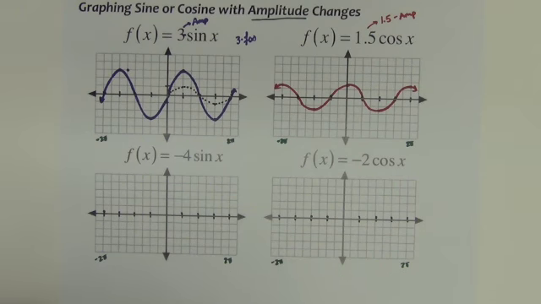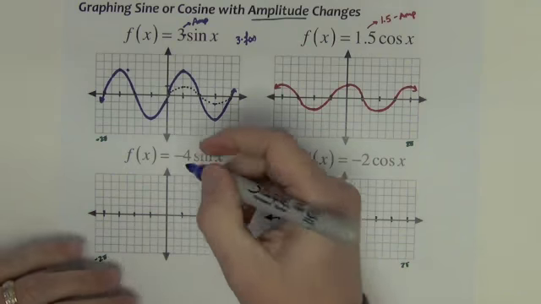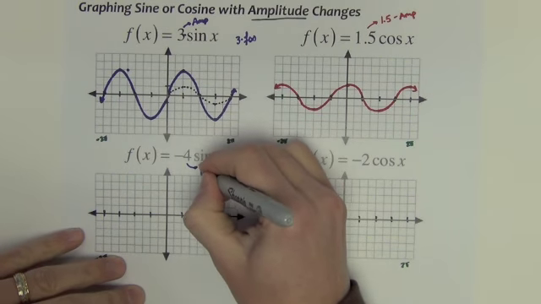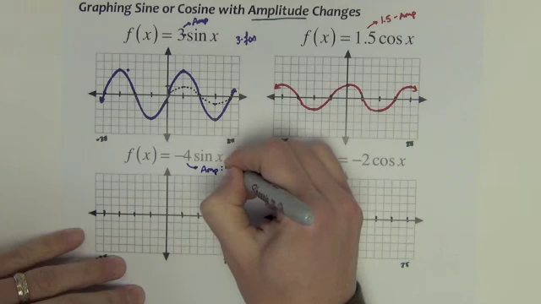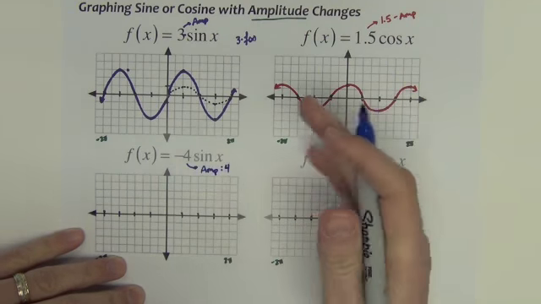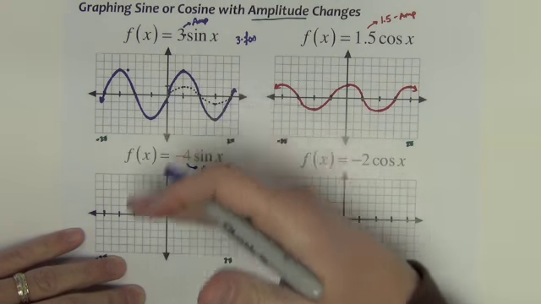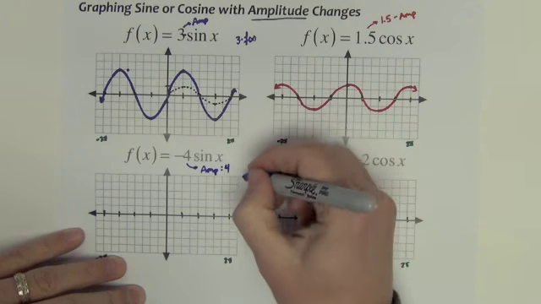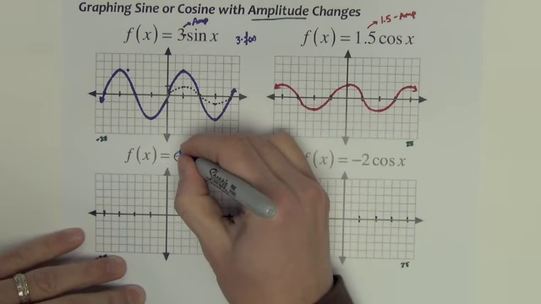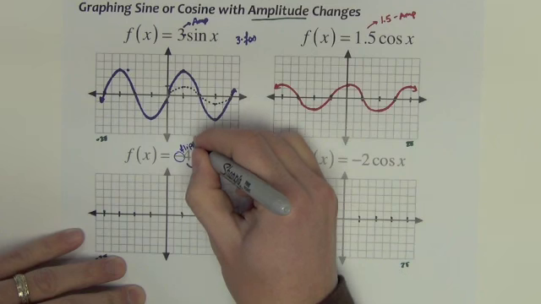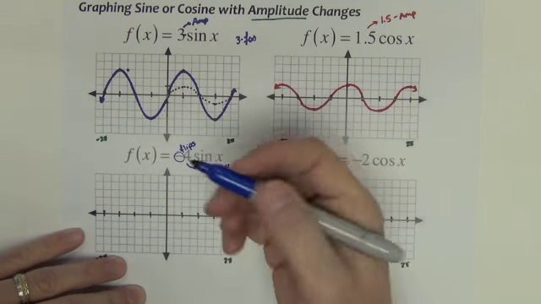The next one, negative 4 sine. Here, the amp is 4. Okay, it's not negative 4. We said before that the amplitude is always going to be positive because it's a distance, kind of like a height. The negative flips the graph, or reflects it vertically.